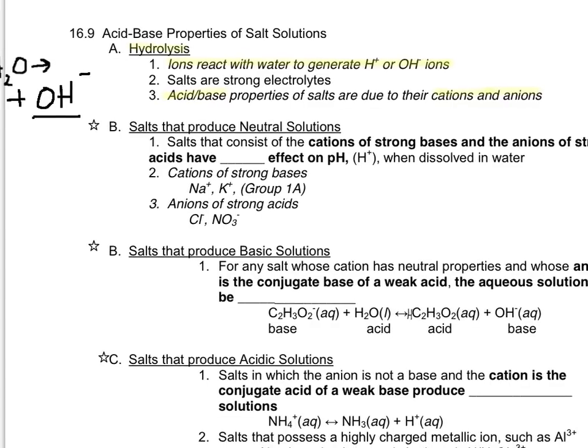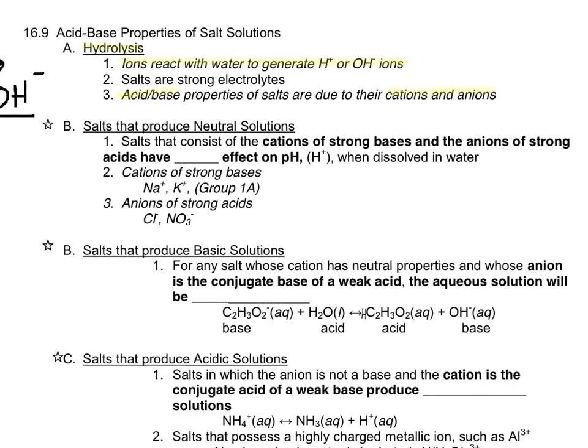First off, remember that the conjugate acid or the conjugate base of a strong acid or a strong base has negligible acidity. That means that if you have a strong acid or strong base, the ions that come from them have absolutely no effect on pH. So what are some of our strong acids? Our strong acids are things like HCl, HNO3, H2SO4.